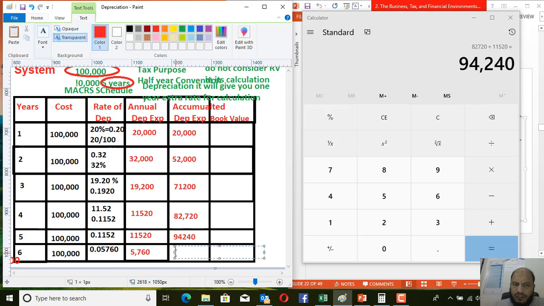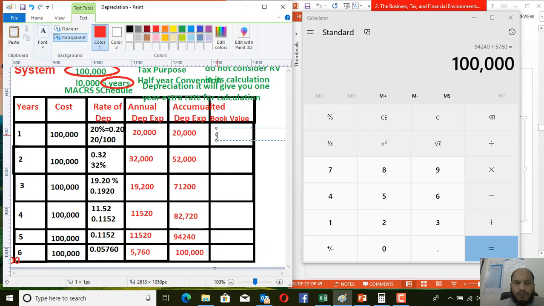Now we add 5,760, which is equal to 100,000. This is the accumulated depreciation expense.